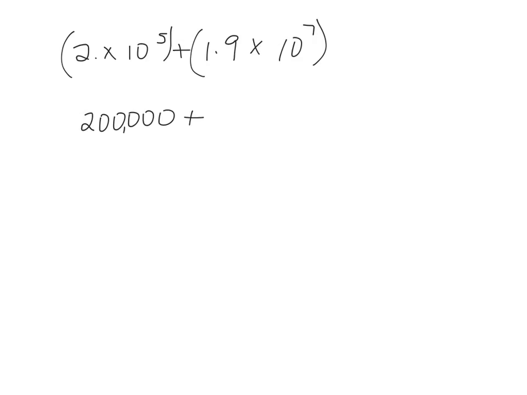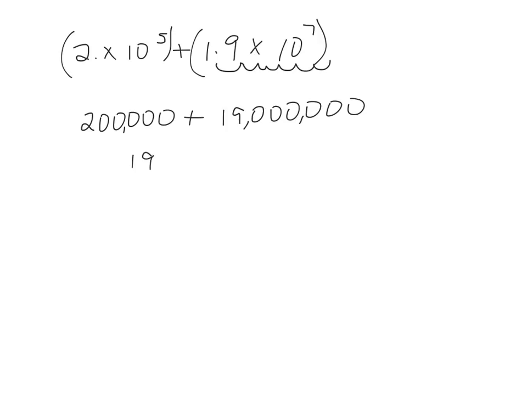Plus, the second part here, I'll be moving the decimal 7 spots to the right. 1, 2, 3, 4, 5, 6, 7. So that's 1, 9, and 6 zeros for 19 million.